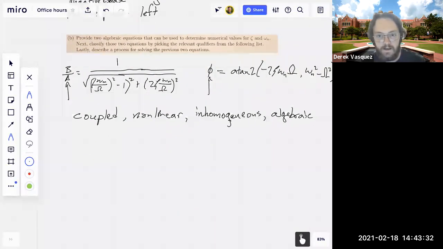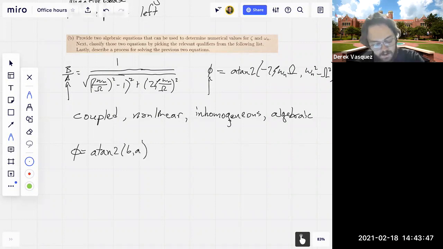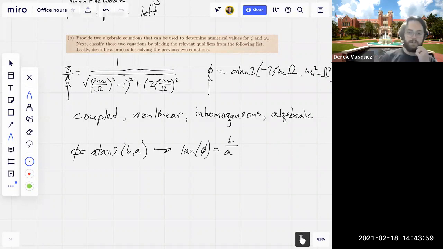And then considering that phi equals atan2 of b comma a is the same as tangent of phi equals b over a. So that's a bit of a cleaner solve there. But any questions about that?